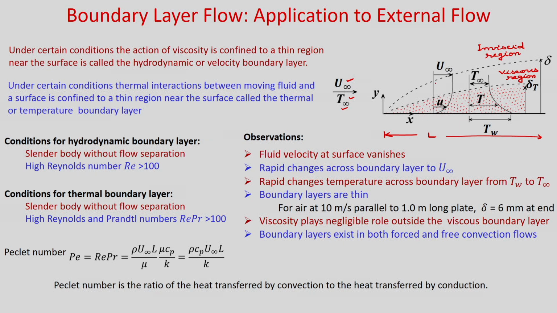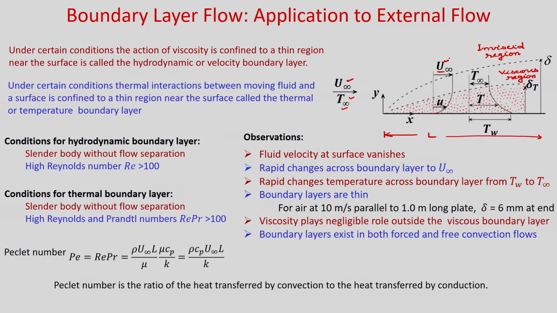And if you see the velocity profile, obviously to satisfy the no slip condition at the wall, the velocity will be 0. So, the fluid residing on top of this flat plate has velocity 0, and gradually this velocity will increase from 0 to u infinity, where u infinity is the free stream velocity.